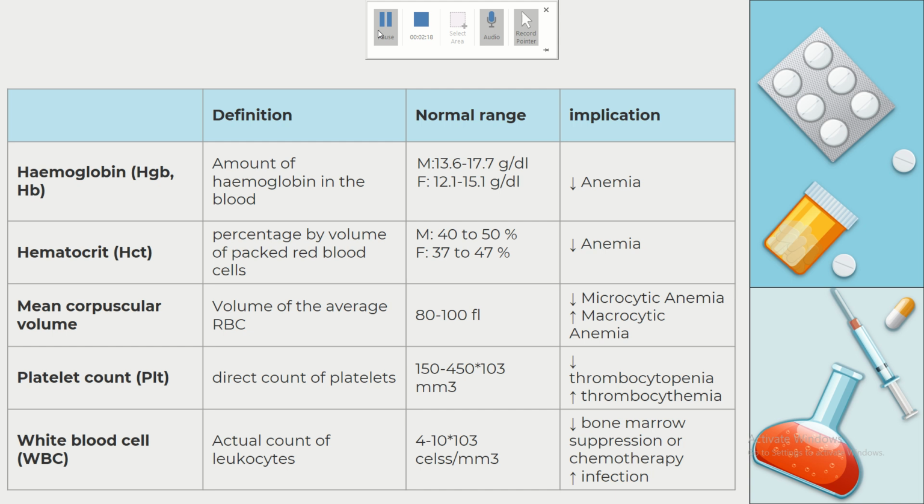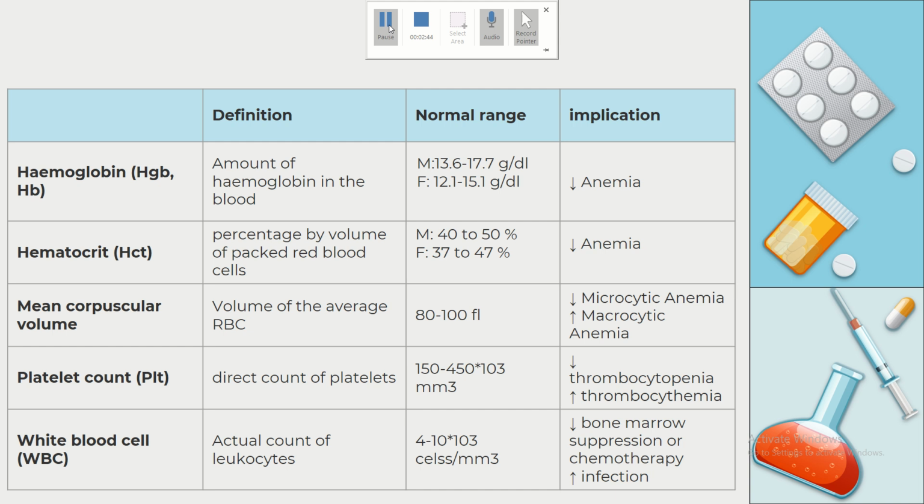Please search about these conditions and what may cause thrombocytopenia and thrombocytosis, to be discussed in the simulation pharmacy, inshallah. And at the end, the reference range for white blood cells is between 4,000 and 10,000 cells.